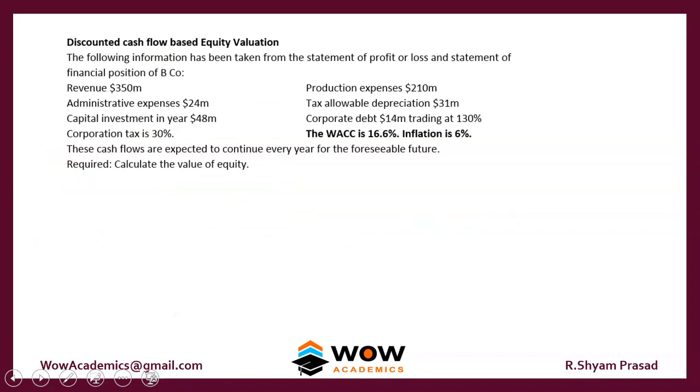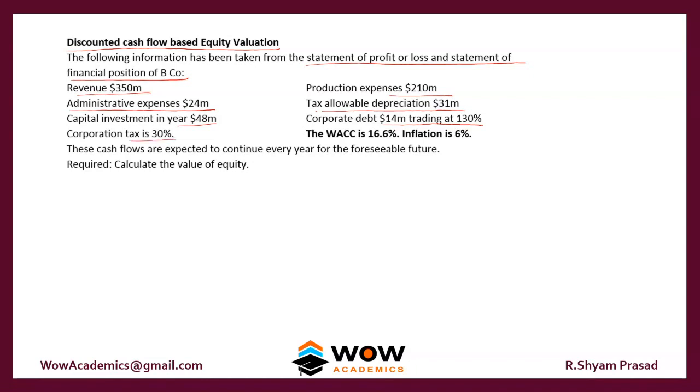So we have a problem here. It says discounted cash flow based equity valuation. The following information has been taken from the SOPL and SOFP of a company. Revenue is 350, production expense is 210, administration expense is 24, tax allowable depreciation is 31, capital investment is 48, and corporate debt is 14 million, which is trading at 130%.